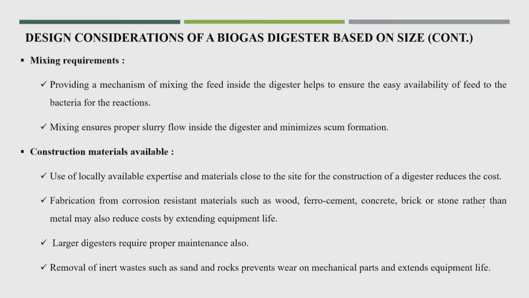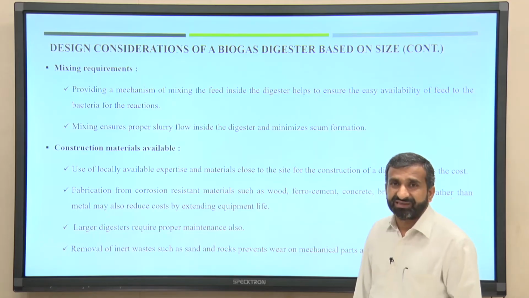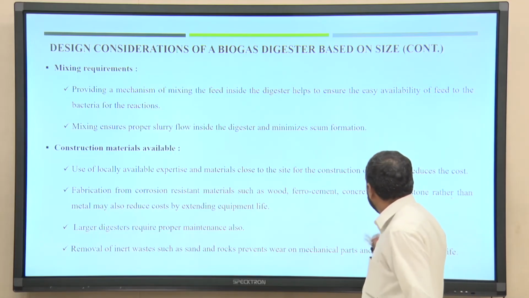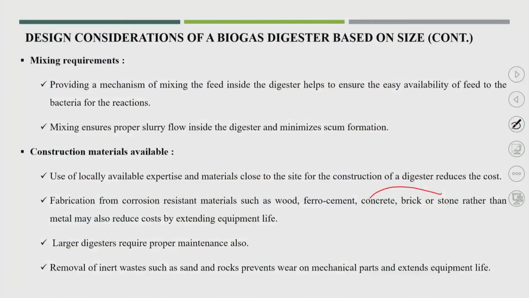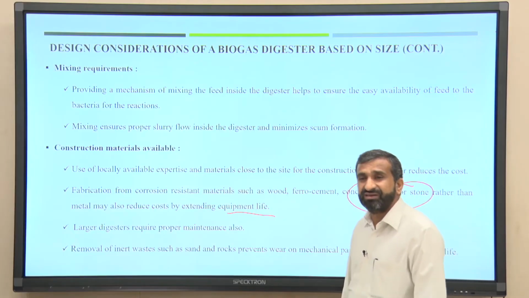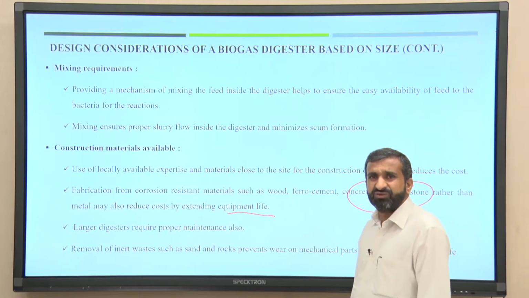That is why in most of the rural areas in India, this biogas reactor is constructed with concrete and bricks or stone, to increase the equipment life. The life of the entire reactor can go up to 20 years, 25 years, and maintenance could also be easy.